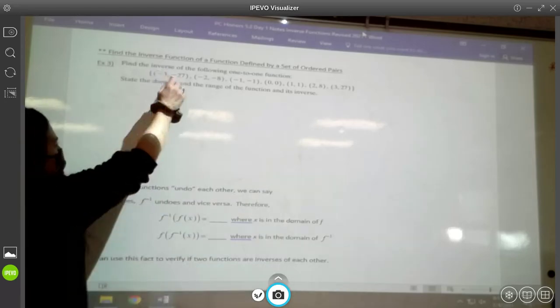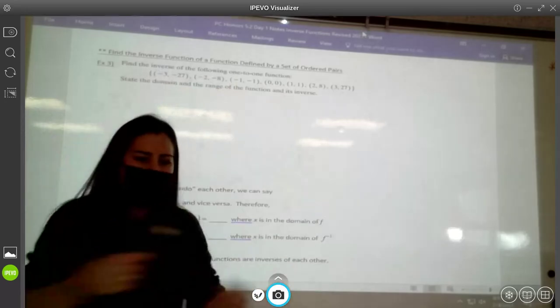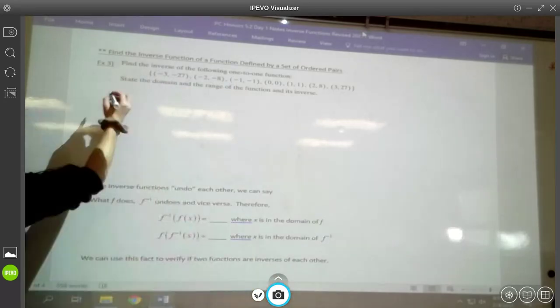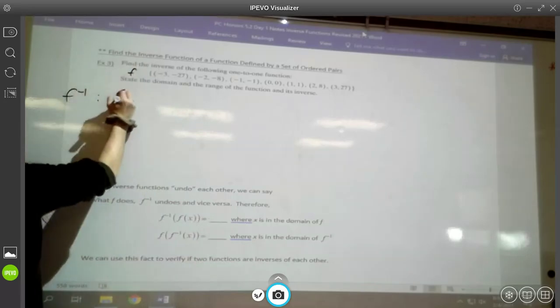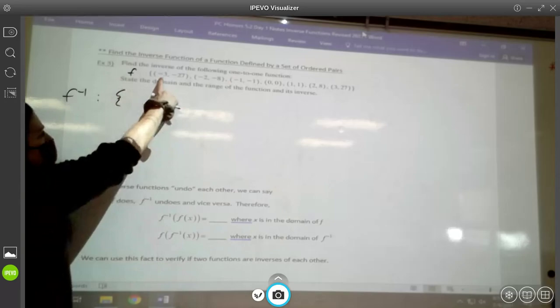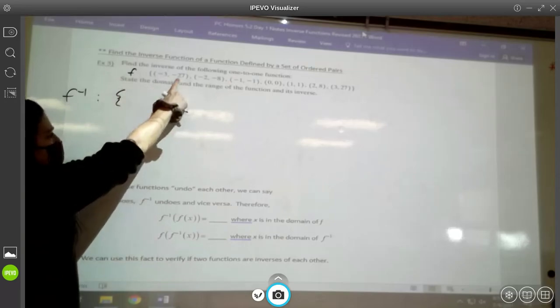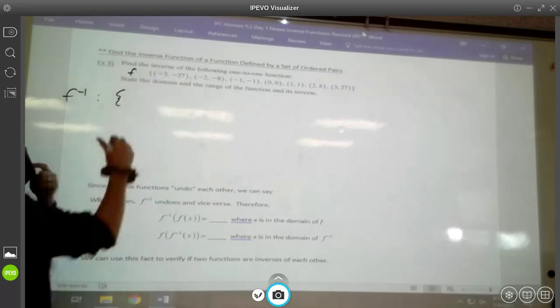So the inverse function would just be all of these ordered pairs, but reversed. We just flip them. So the inverse, let's say this is f. The inverse function then would be all these ordered pairs, but switched. If negative 3 went into the original and negative 27 came out, then negative 27 will go into the inverse and negative 3 will come out.